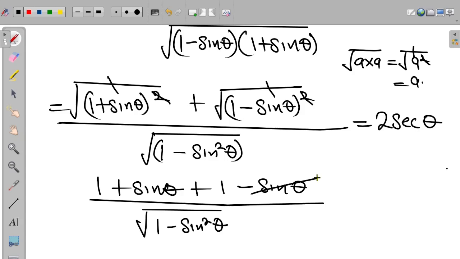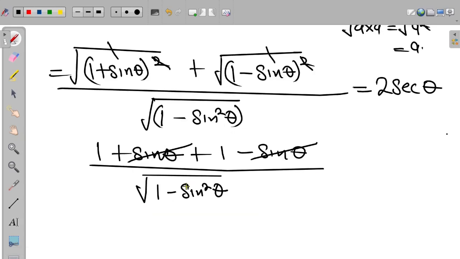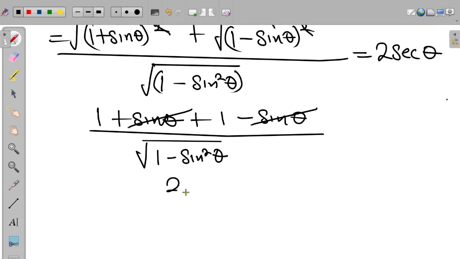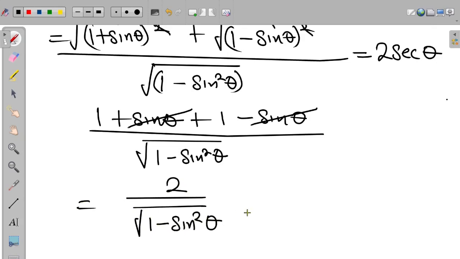So minus sine theta cancels out plus sine theta. Therefore, we'll be left with 2 divided by root of 1 minus sine squared theta, and this is equal to 2 sec theta.